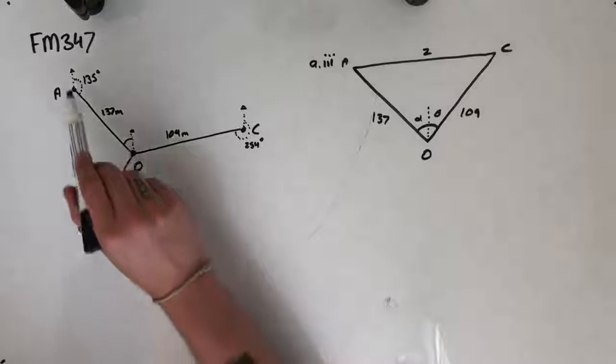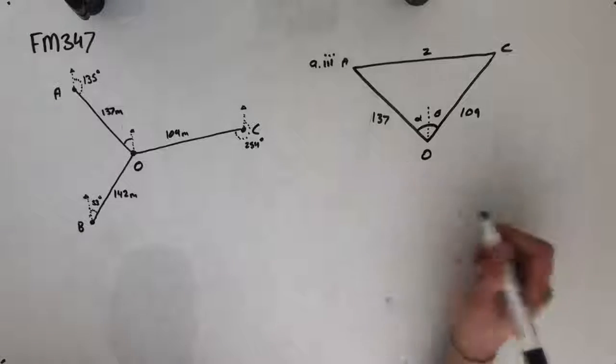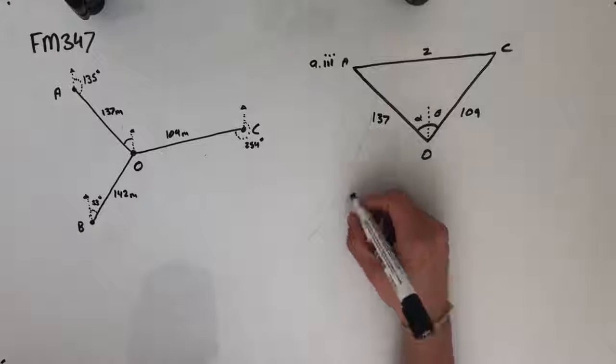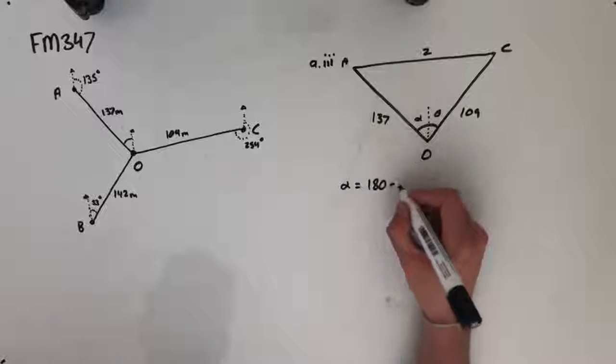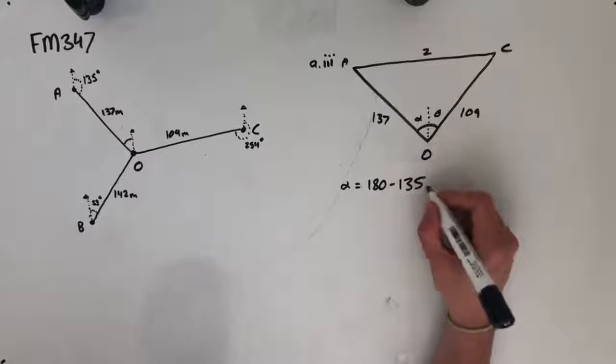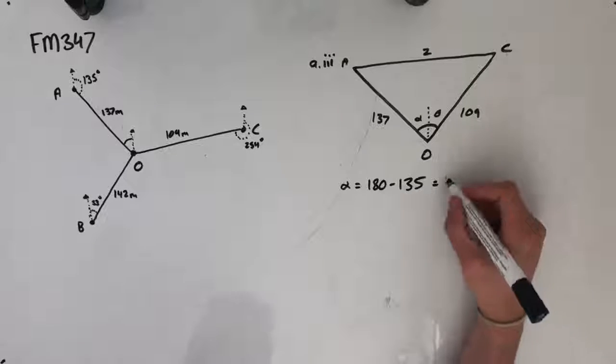So we're going to have 180 degrees as the total of those two angles. So to figure out what angle alpha is, it's going to be 180 degrees minus that 135, which leaves us with 45 degrees.